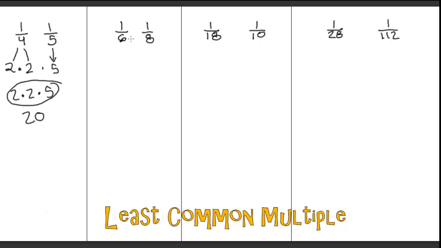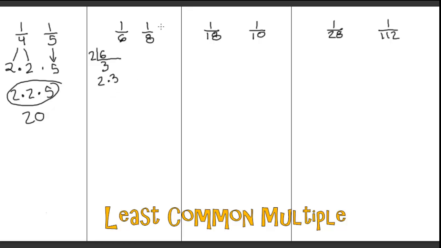The next one, 1/6 and 1/8. I will do this in my nifty upside down division bracket prime factorization technique. You take 6 and drop an upside down division bar and find a prime number that goes into 6. I like 2, and 2 goes into 6 3 times. Those are both prime numbers. So the prime factorization of 6 is 2 times 3.